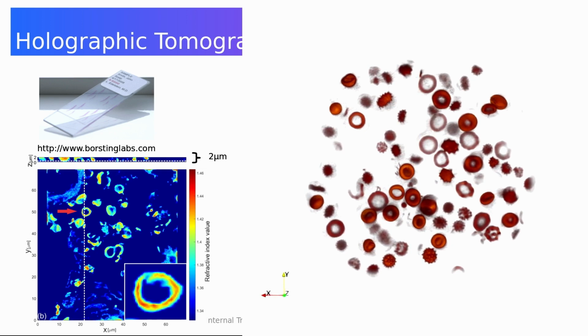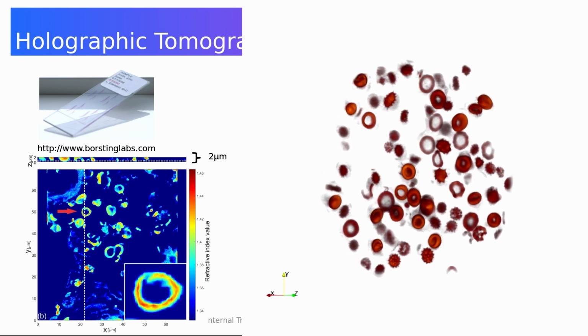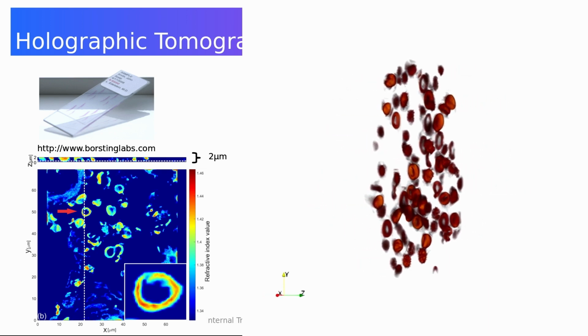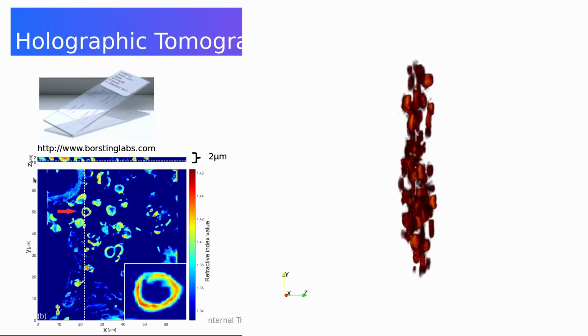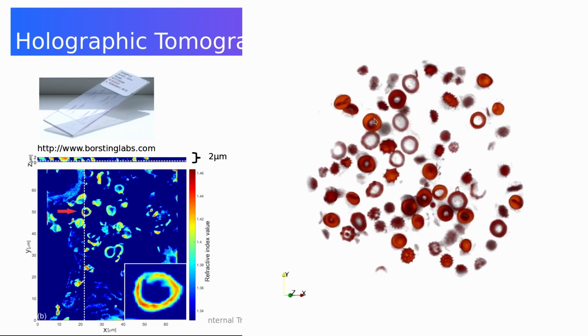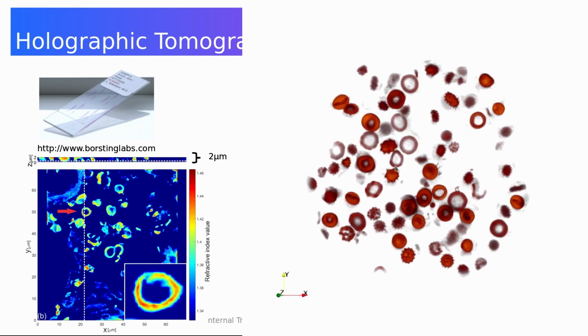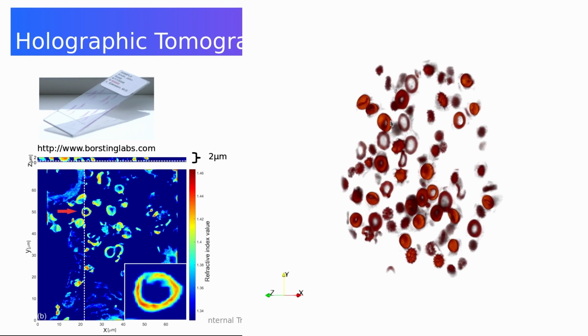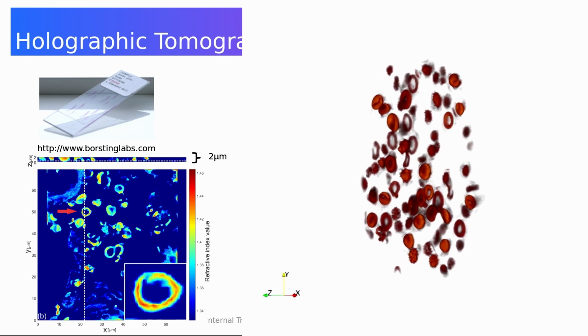Actually, he took his own blood and measured it with the tomography setup. We have access to the three-dimensional geometry of each red blood cell, but not only. We can see into any cross-section in this image and read the values of the refractive index here. This refractive index can be easily translated into dry mass distribution, but this time this is the 3D distribution of the dry mass.